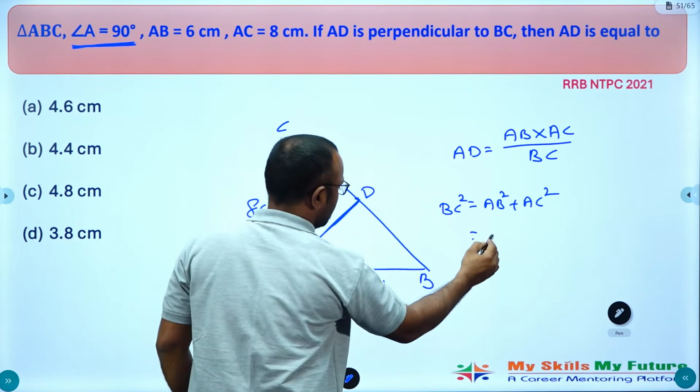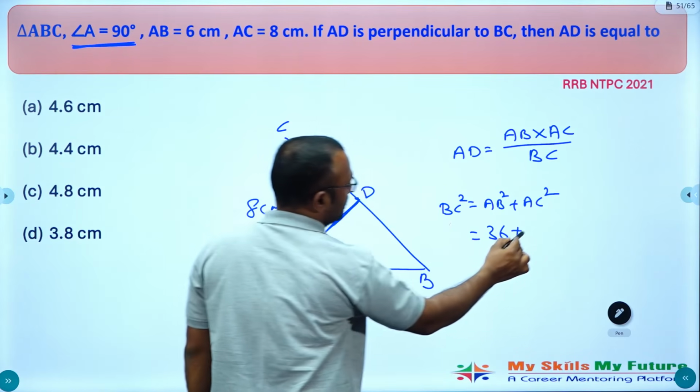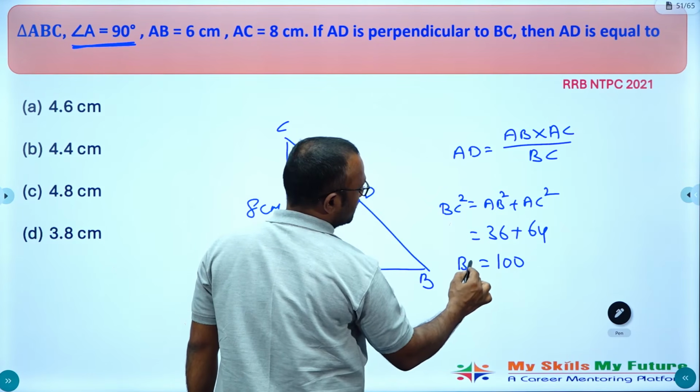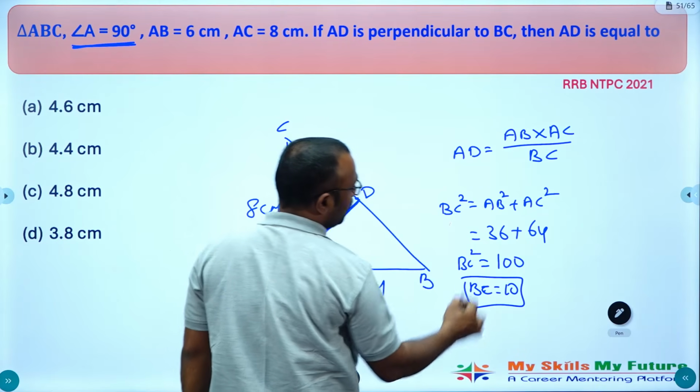AB is equal to 6, 6 square is 36, AC is equal to 8, 8 square is 64. So 36 plus 64 we get 100. So BC square is equal to 100, BC is equal to 10.